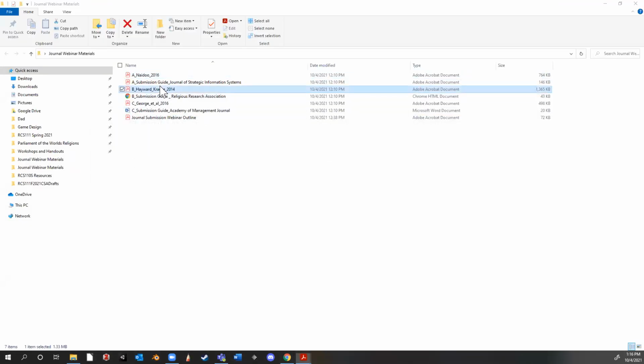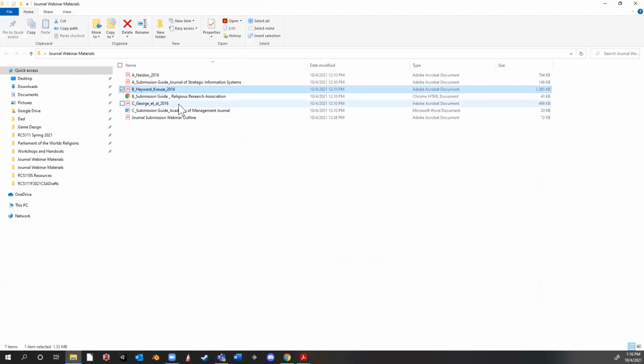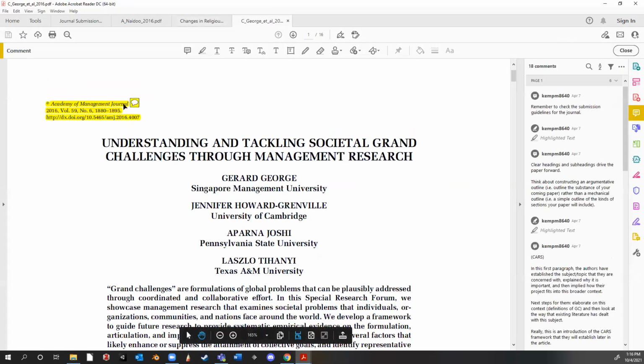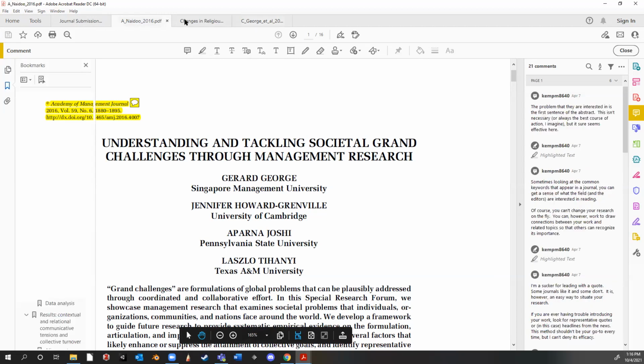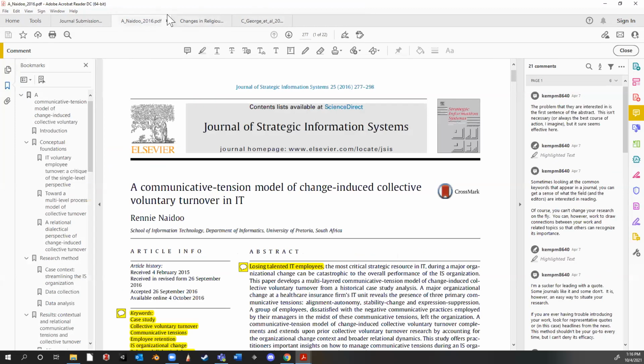We have an article from the Review of Religious Research by Hayward and Krauss. And then we have George et al. from the Academy of Management Journal, right? So 3 articles from 3 fairly diverse journals.